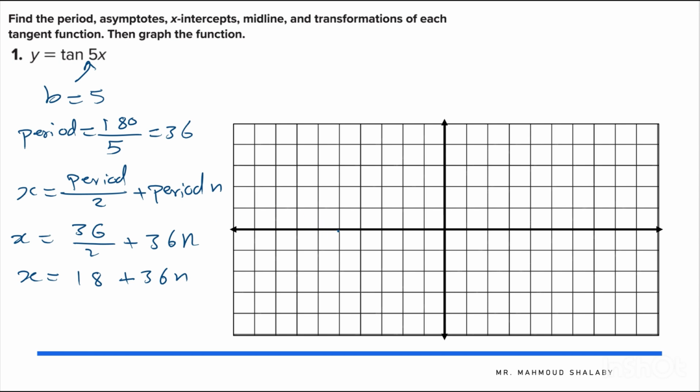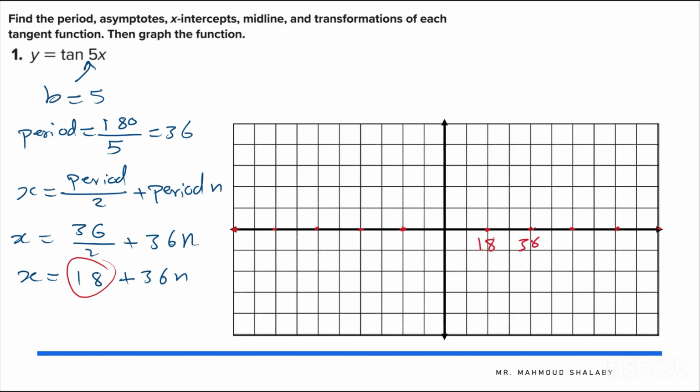Alright, so the numbers I will be using here, let me put the points first. 1, 2, 3, 4, 5, and on the other side we will have the points as well. I'm highlighting the points first before I start putting the numbers. Now, if you remember, we will be counting by the period divided by 2, which means I will be counting by 18. The first asymptote will be 18.